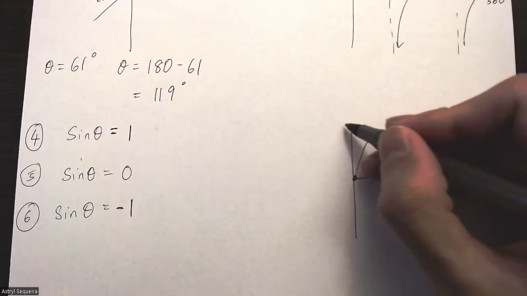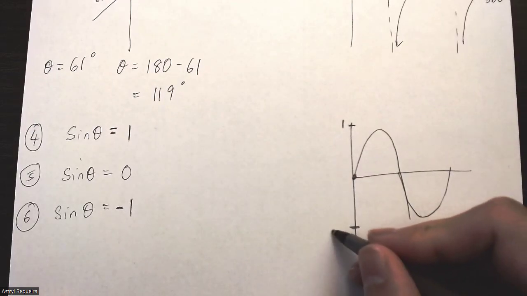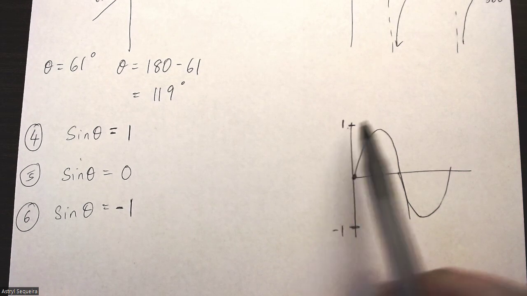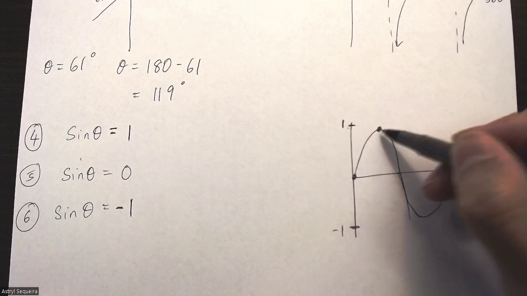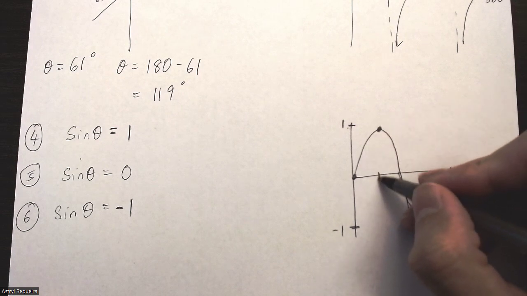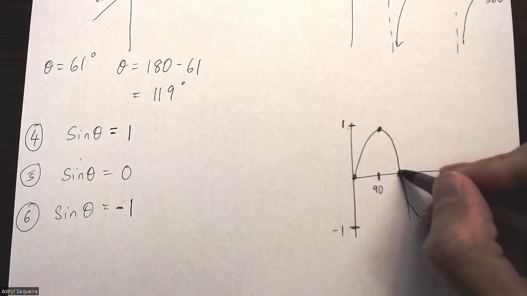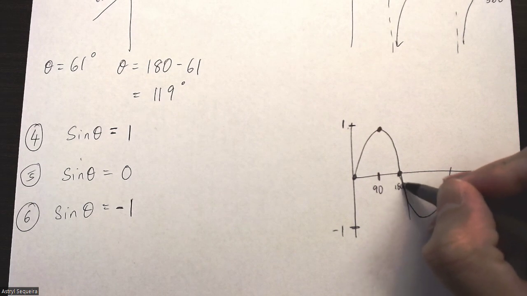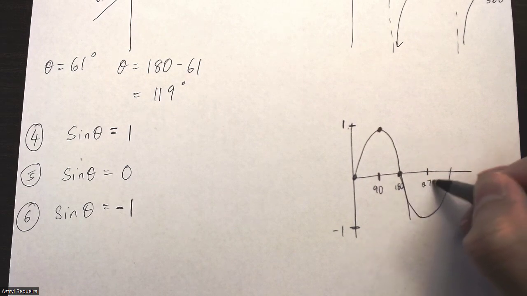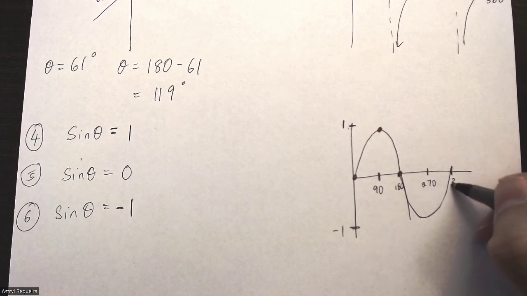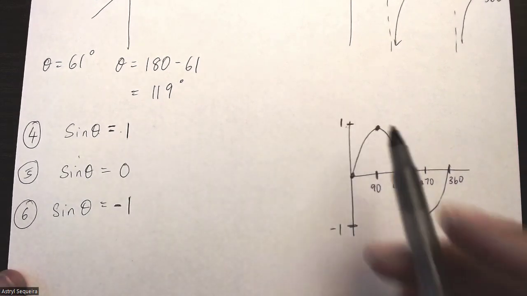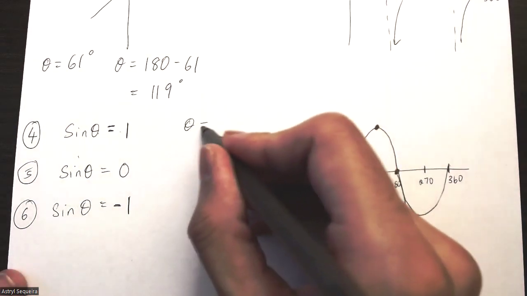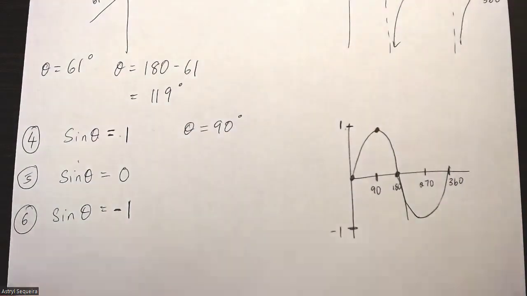But if I look at a graph like this, for sine theta equals 1, you only have one solution here. And this solution has an x value, I showed it earlier, of 90 degrees. You need to have this graph memorized for the exceptions if you really want to perfect this topic. So for sine theta equals 1, we only have one solution, which is 90 degrees.